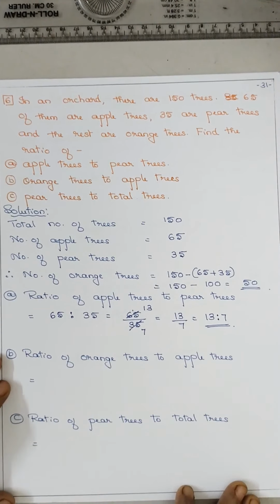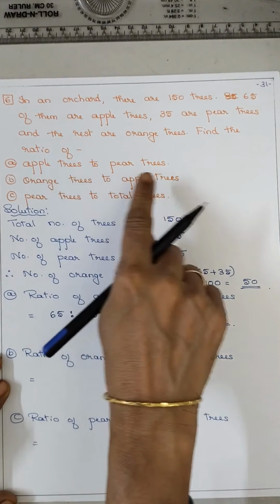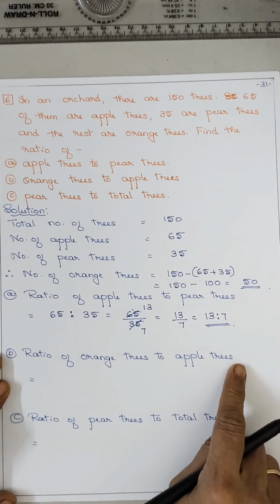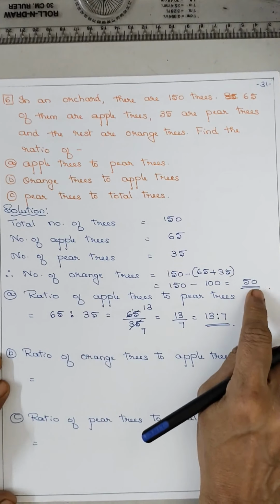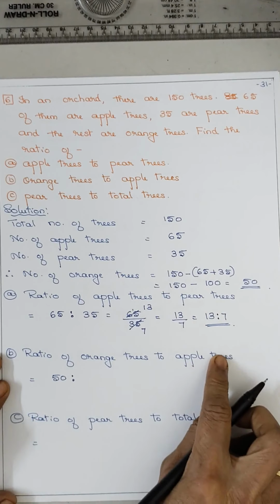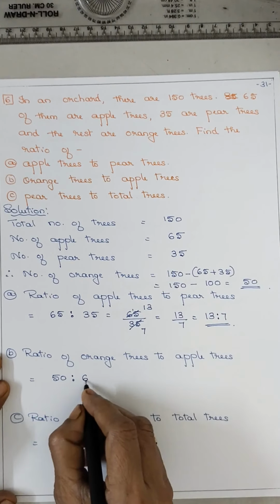Now coming to B, orange trees to apple trees. Ratio of orange trees to apple trees. अभी orange trees हमें मिला 50 is to apple trees कितने हैं 65.